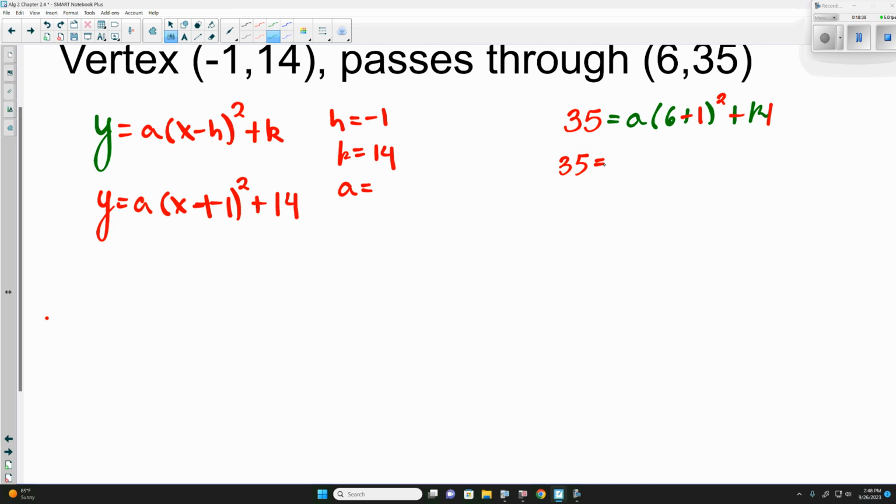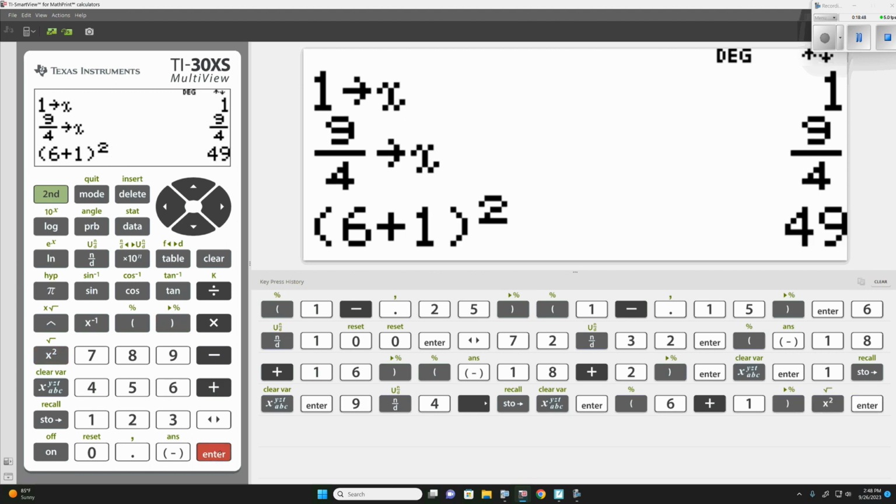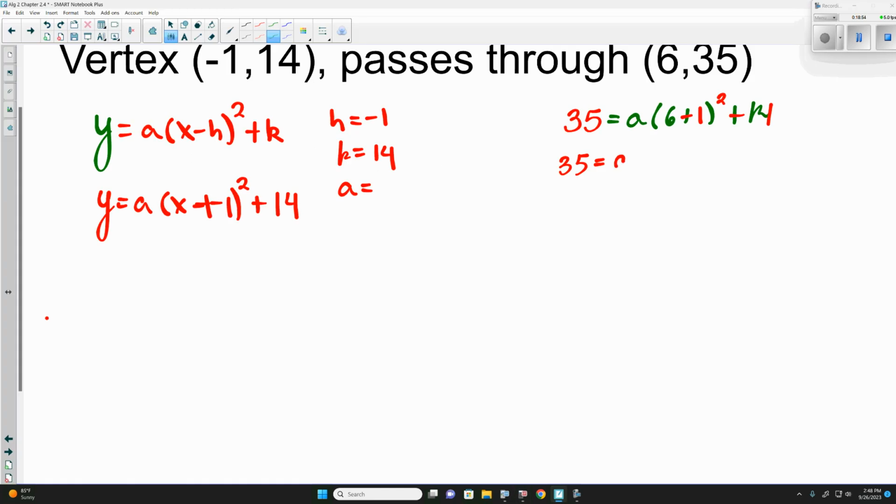Now, if we want to use the calculator to save us a step, we can do the 6 plus 1 squared. So I can grab the calculator, parentheses 6 plus 1, close parentheses squared, and get 49. Because if we did this by hand, well, we would do 6 plus 1, which is 7 squared. Well, 7 squared is 49. We'd still have the a, so it'd be 49a plus 14.